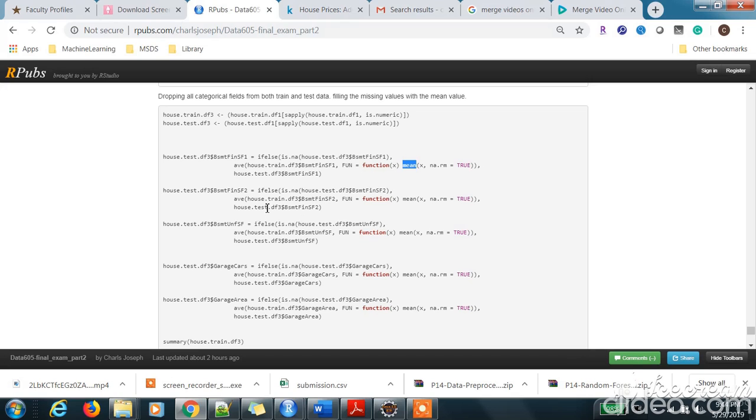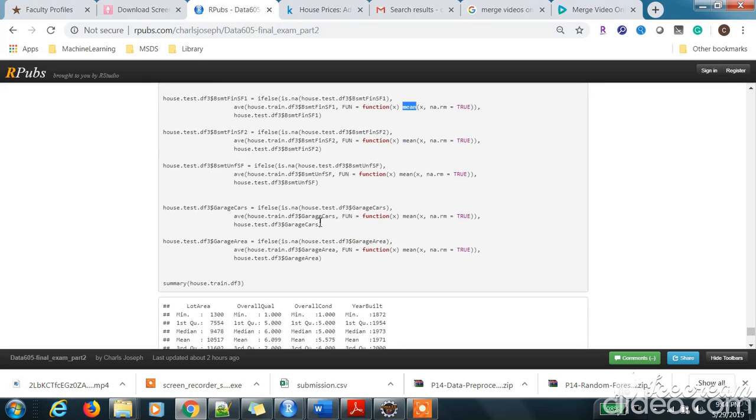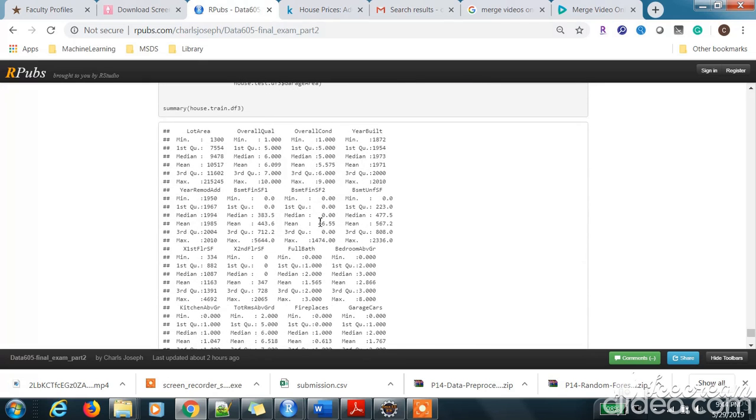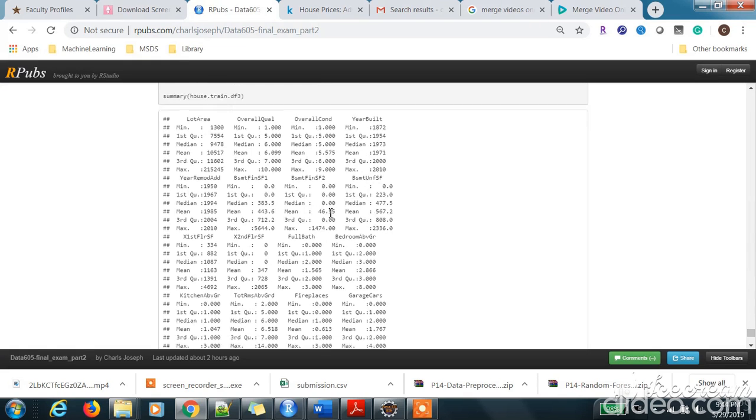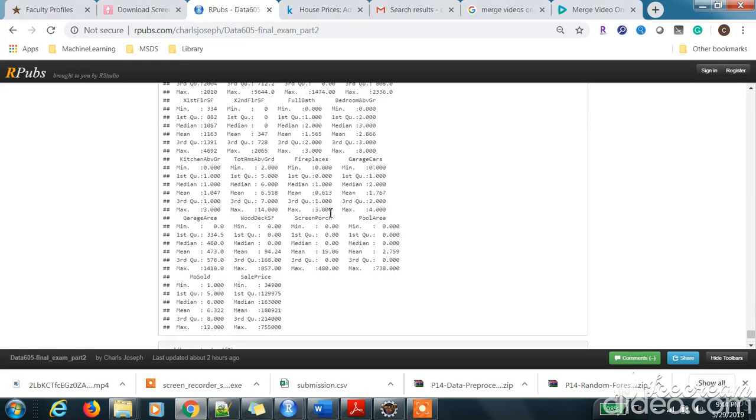Otherwise, if the value is there, then we retain the original value for those observations. After that, I did a summary. I made sure that none of the quantitative variables has a missing value.